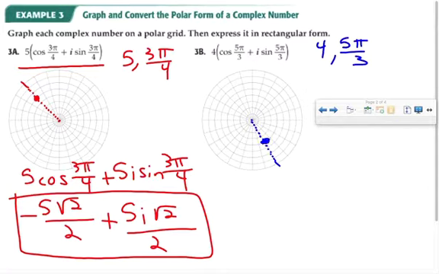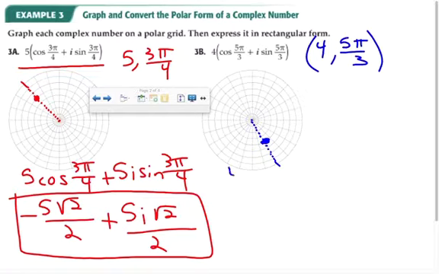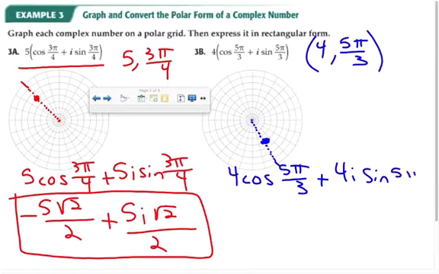There is my point. And to rewrite this in rectangular form, again, all I have to do is distribute and evaluate. So 4 times the cosine of 5 pi over 3 plus 4i times the sine of 5 pi over 3.